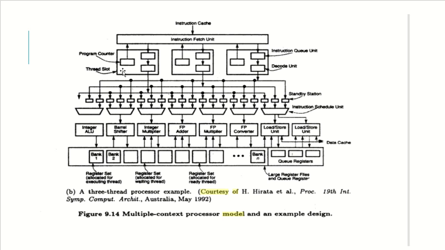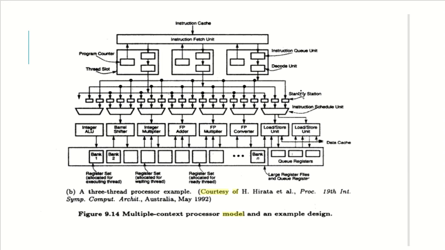There will be a thread slot, a program counter, a decode unit and an instruction queue unit. What you see in this big rectangle is a thread slot, and inside a thread slot you will have an individual program counter, instruction queue unit as well as decode unit. There are 3 thread slots here because this is a 3-thread processor example.